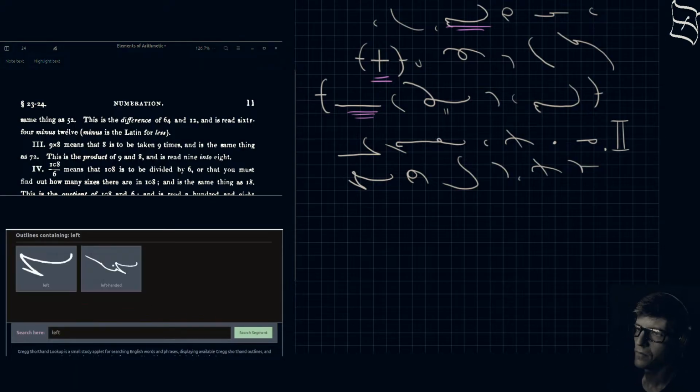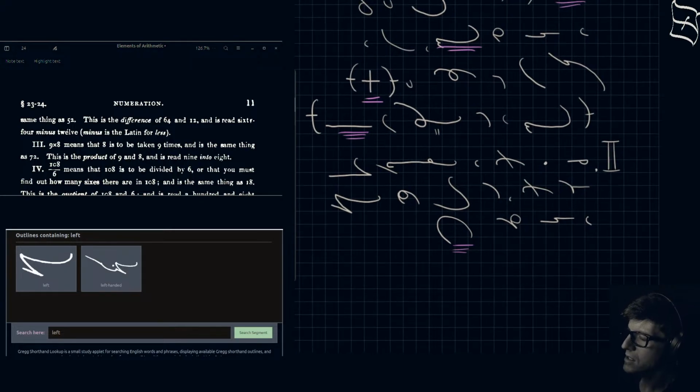Yep. The value that is left is known as the difference. And we're going to underline difference. Okay, there we go. We've underlined difference.